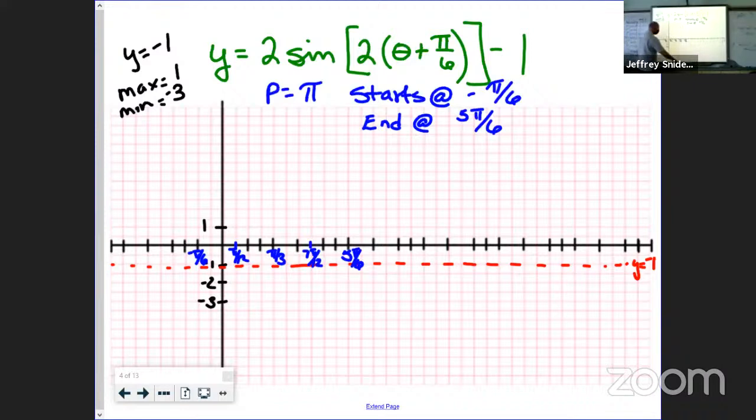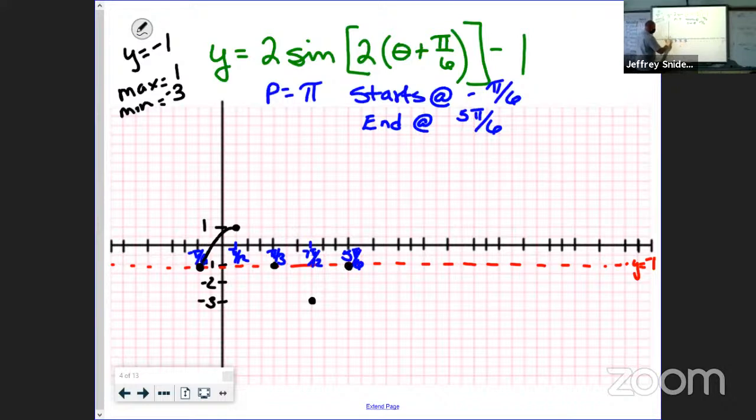Okay, so let's go ahead and graph this. It's a sine. Sine starts on the midline. So it's going to start right here. Then it's going to go to a maximum, then back to the midline, then down to a minimum, then back to the what? Midline.